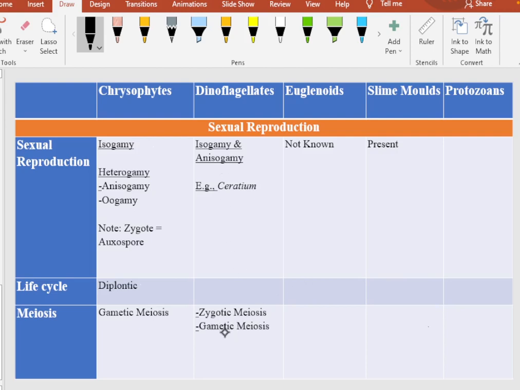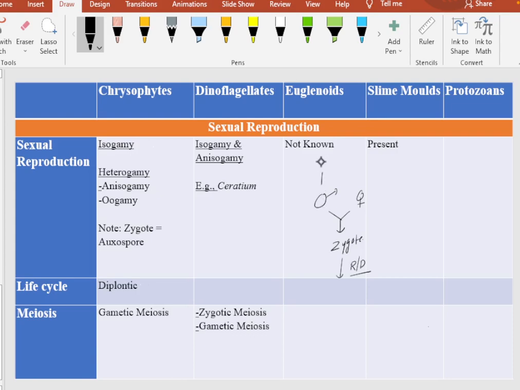So what is gametic meiosis and zygotic meiosis? See here, the male gamete is there, the female gamete is there. Both are fused. They will form what? A zygote. Then this zygote will undergo meiosis. Such meiosis is called zygotic meiosis. Here the Protista body is there.